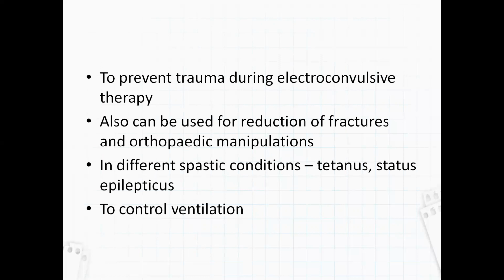Here also, skeletal muscle relaxants can be given. And in different spastic conditions like tetanus and status epilepticus they can also be given. And to control ventilation, like if there is an obstructive airway and the patient cannot breathe properly, they can be given for proper ventilation.